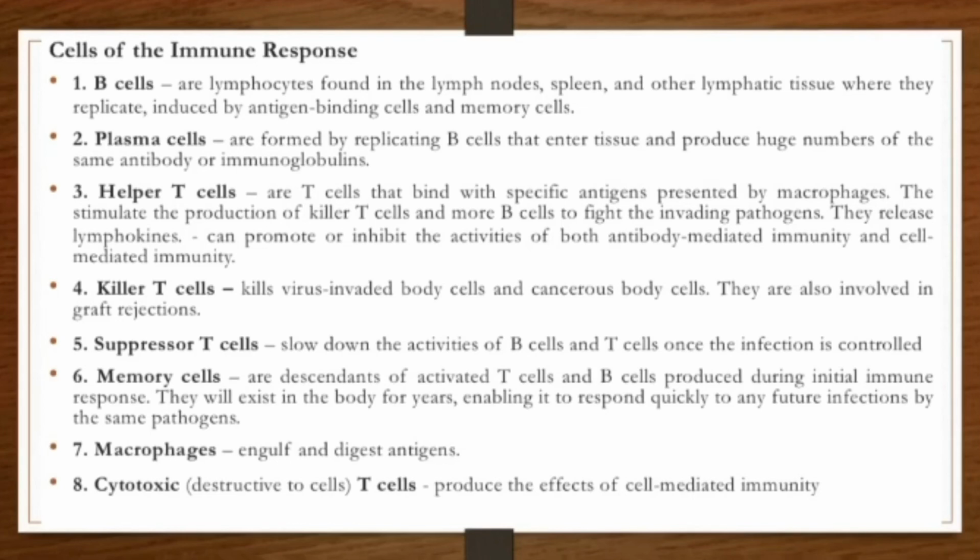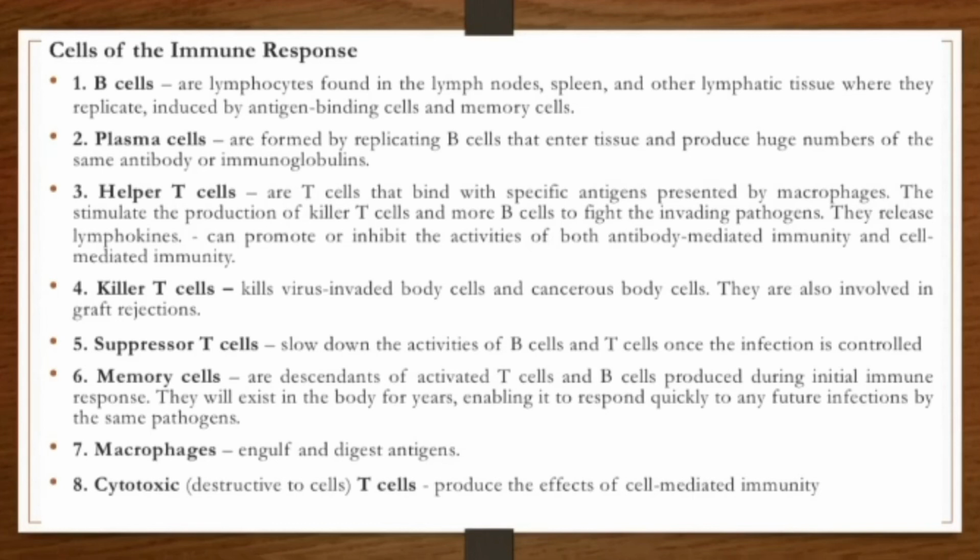Fourth, killer T cells kill virus-invaded body cells and cancerous body cells. Fifth, suppressor T cells slow down the activities of B cells and T cells once the infection is controlled. Sixth, memory cells are descendants of activated T cells and B cells produced during the initial immune response.